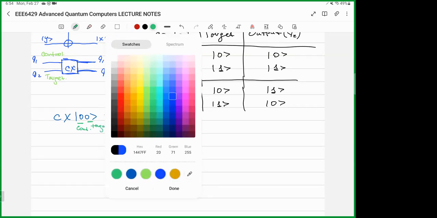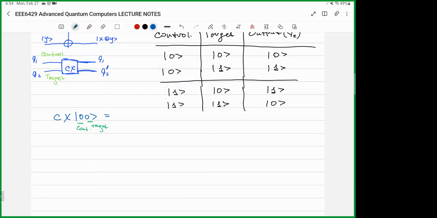So I conclude that since my control is 0, my target doesn't change. My output is simply 0, 0. Nothing changed.